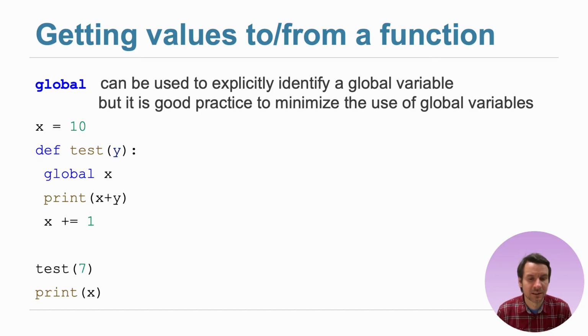In this case, it's incrementing it by 1 and using it to modify y before it is printed. Okay? It's not obvious again that the function test changes the value of x, and it can cause a lot of headache in debugging. So try to avoid using global variables in your functions.